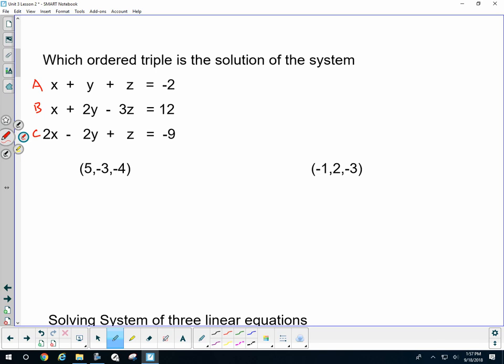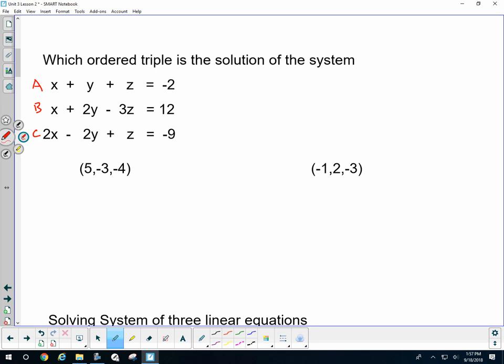Okay. And go ahead and test. Which one is the solution? Is it 5, -3, -4?